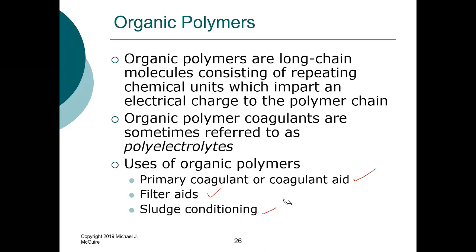And sludge conditioning, where we're trying to improve the properties of the sludge so that it dewaters more effectively. Because what we don't want to do with sludge is transport a large quantity of water to the ultimate disposal site because of the cost of that.